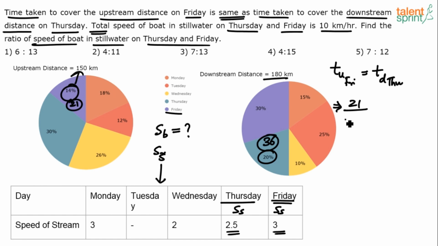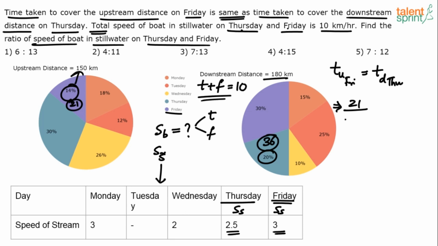Okay, one more point here is, let us assume that the speed of the boat on Thursday is T, and on Friday it is F. So as per the given data, T plus F is equal to 10.